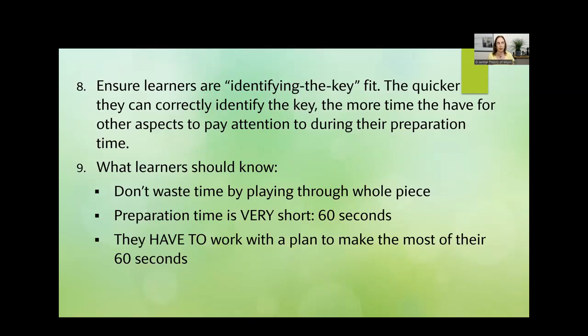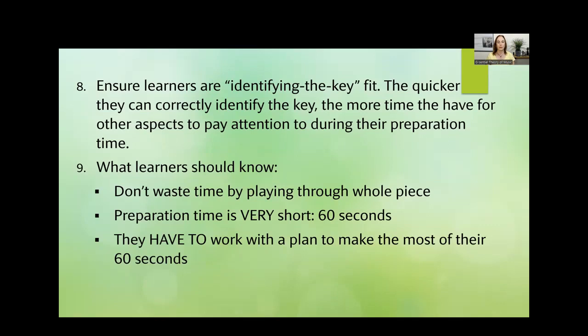And, you know, just don't assume that they know how to identify keys. It's the one thing that I've seen in theory so often, that learners struggle with key signatures and they struggle to identify the key, even though you've taught it to them over and over and over.